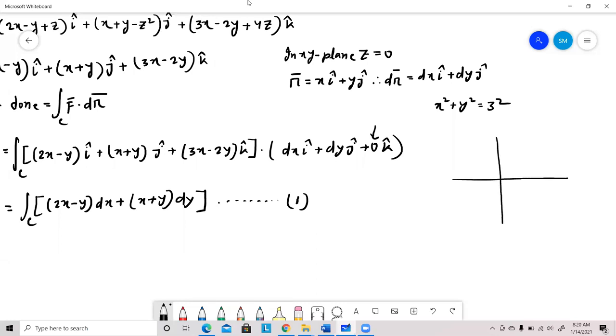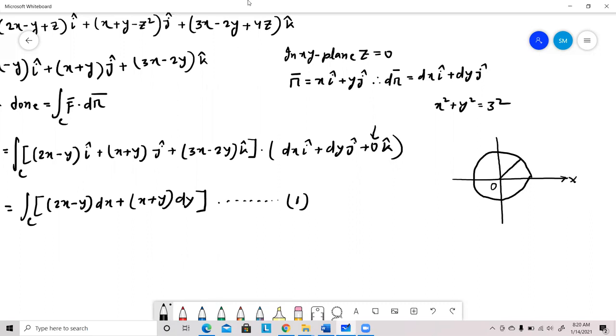Say this is a circle and this is the origin 0.